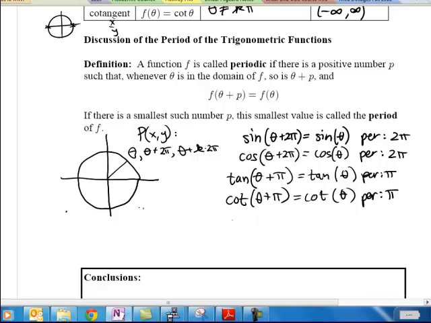So cosecant of theta plus 2 pi would be the same as cosecant of theta, and secant of theta plus 2 pi is the secant of theta.